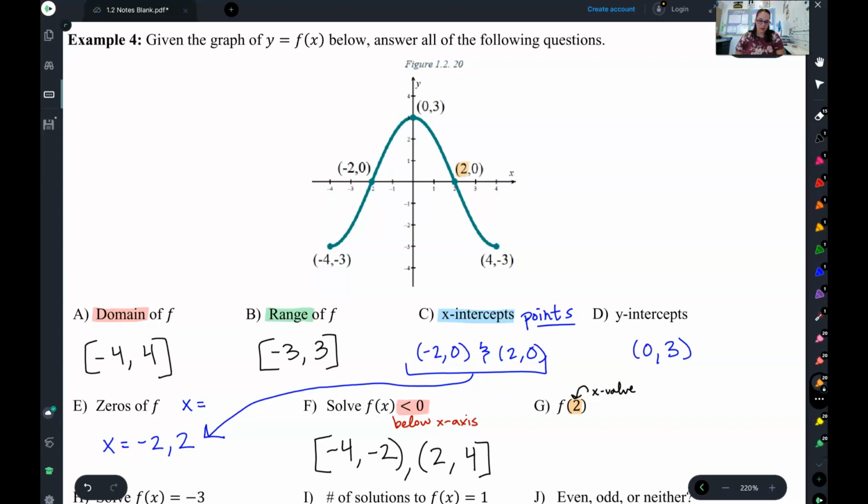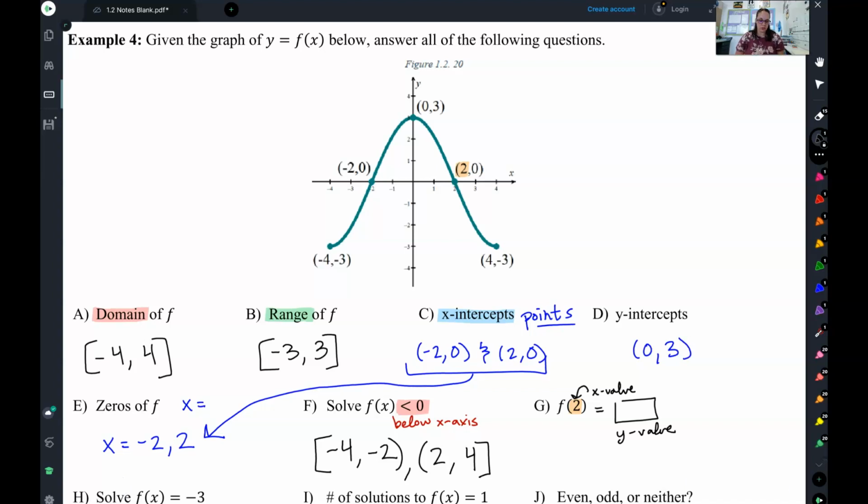That is the point where the x value is 2. So what I want is this is going to equal the y value at the point where the x value is 2. So the y value up here is 0. So f of 2 is 0. There we go.